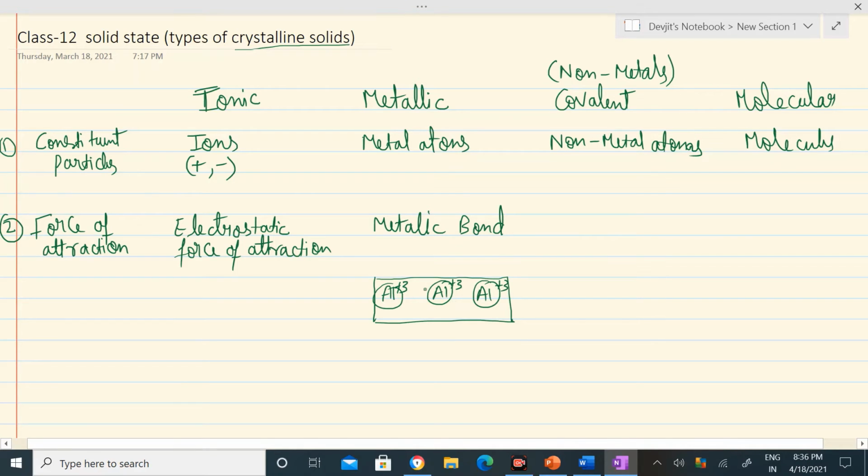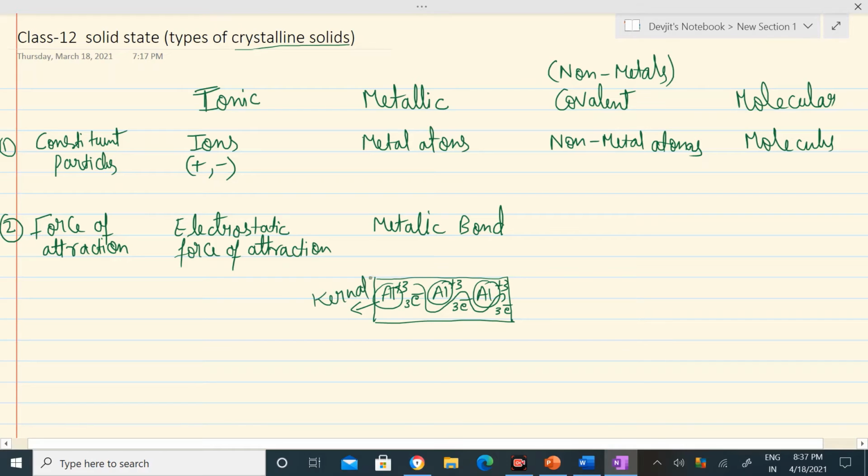Now where have the electrons gone? Nowhere. They are just revolving around this aluminum plus 3. It has lost 3 electrons, and this one has also lost 3 electrons, and these electrons are revolving around them. Due to their opposite charge, they are not going anywhere, and this aluminum is known as a kernel.